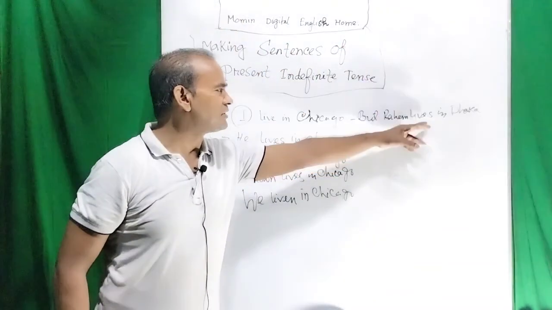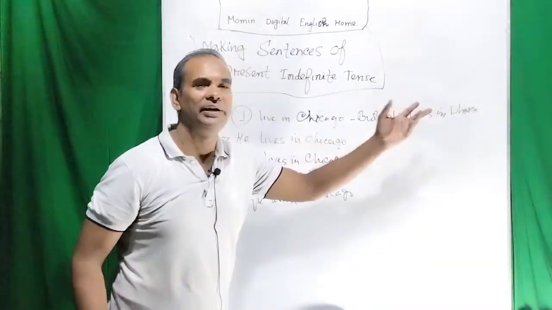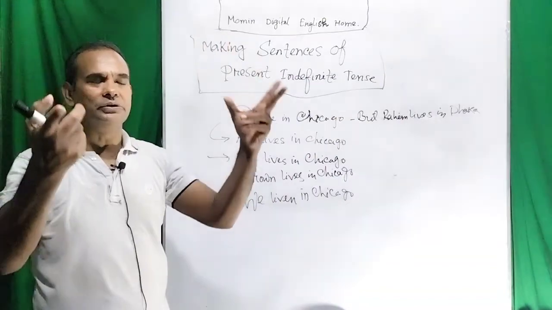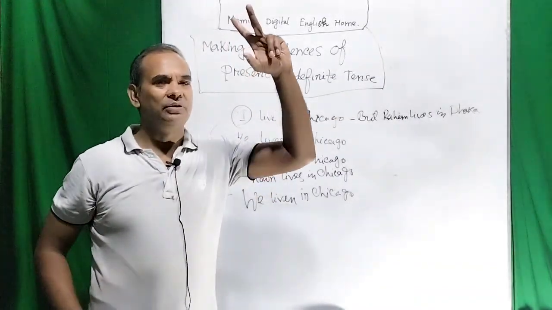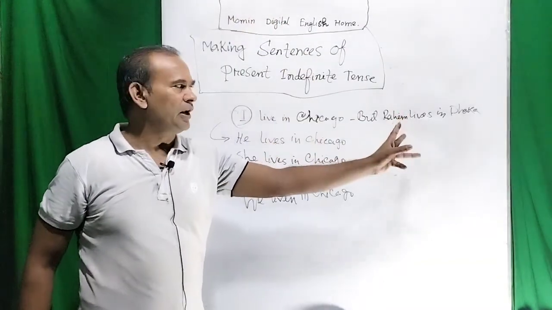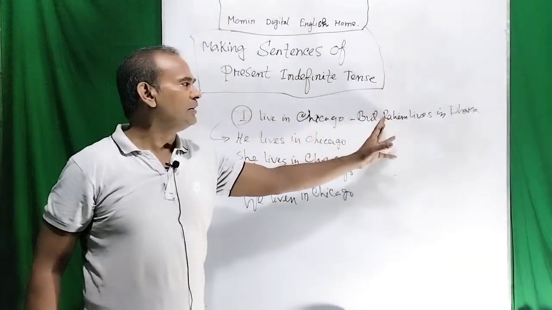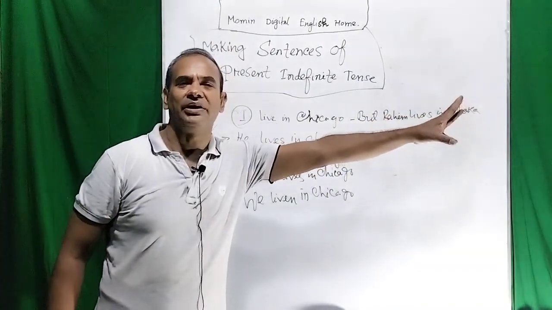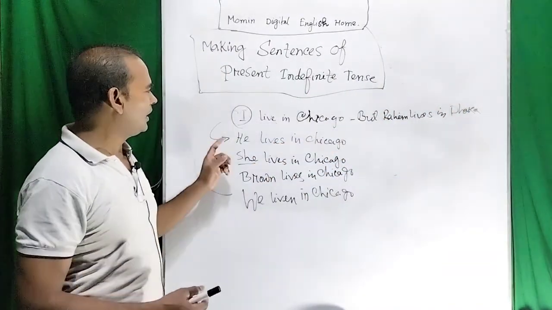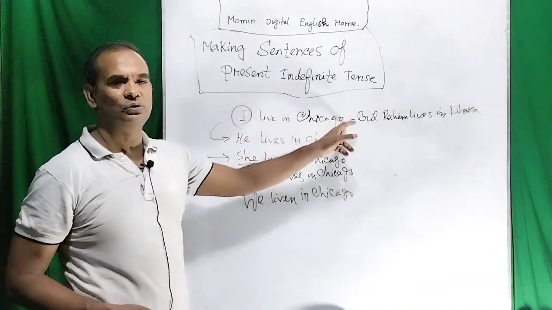So dear viewers, dear students, you can understand. Rohim lives in Dhaka, so I can say Rohim lives in London. Samira lives in London. Meena lives in Rangpur in Bangladesh. Or anyone lives in Delhi of India, etc. So he lives in Chicago, but I live in Chicago.